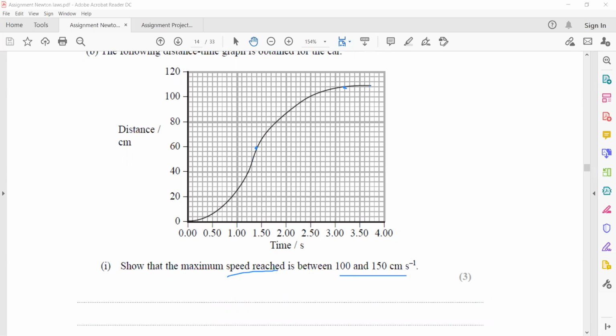At which point is it maximum? You can see around this point the slope is increasing, so speed is increasing. Around this point it is maximum, around 1.4. So around 1.4 it is maximum speed. Then from 1.4 to 3.2 it starts to decrease, and from 3.2 to 3.5 it is 0.